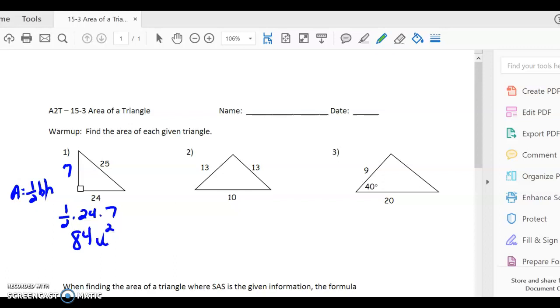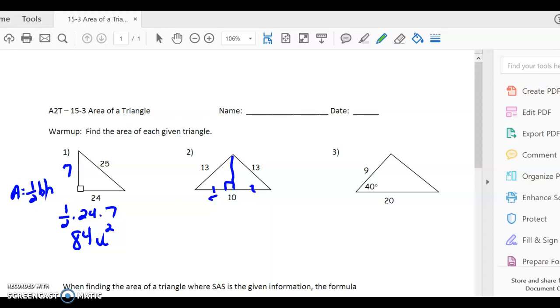Number 2 is a little more difficult because you really don't have the height of the triangle, because remember, the height of the triangle is the altitude, which forms a right angle with a given side. So in this case, I drop a perpendicular from a vertex to the base 10. And because it's isosceles, if you remember from geometry class, that would make these two sides basically bisected.